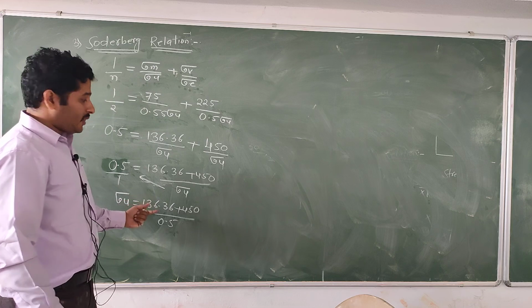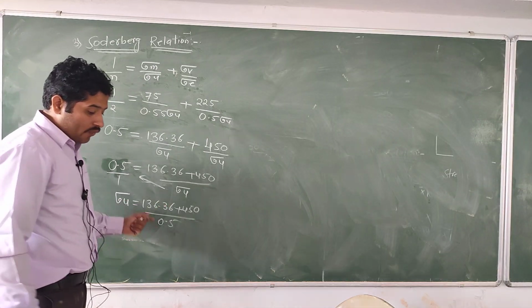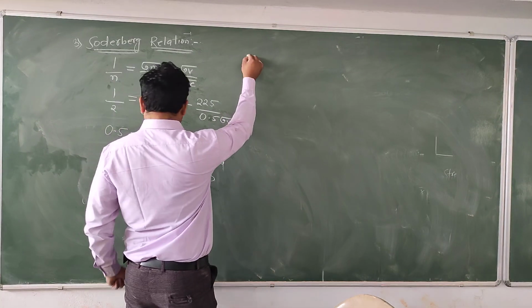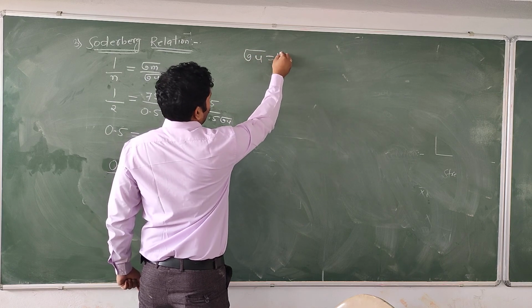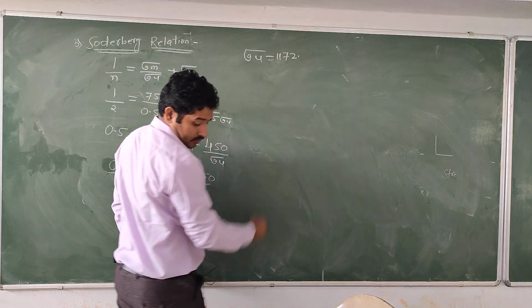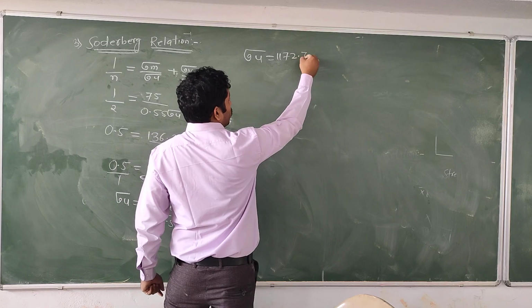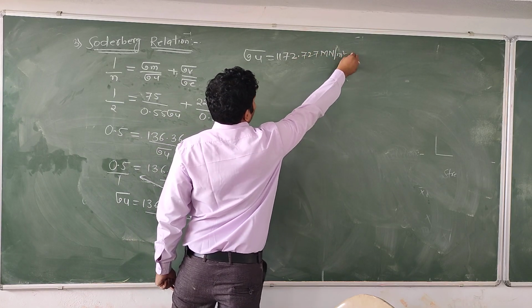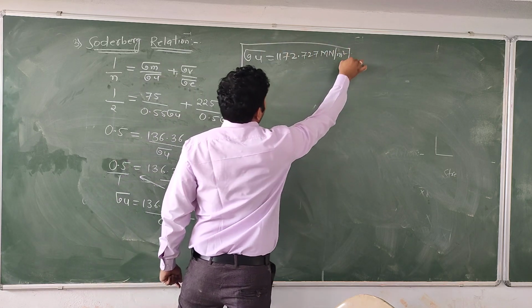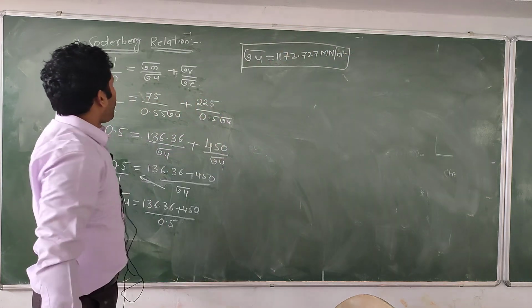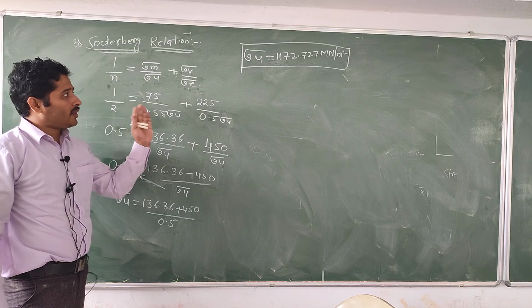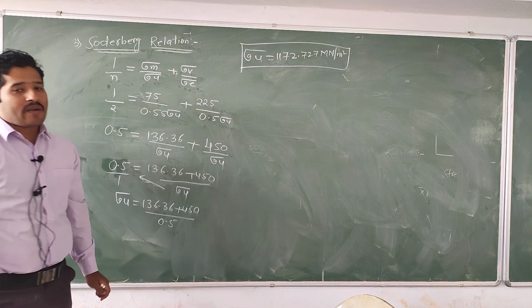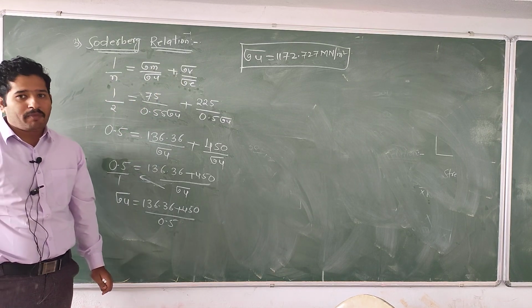If you divide with the help of a calculator, you will get the answer 1172.727 mega Newton per meter square. That is the value of ultimate strength with the help of the Soderberg relation.